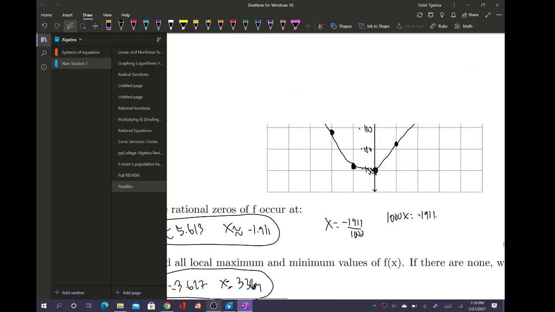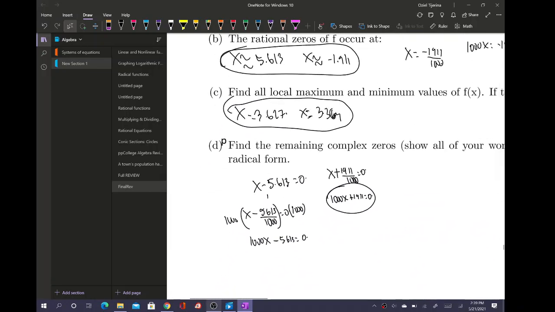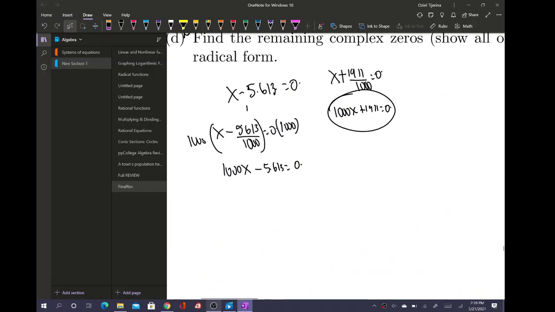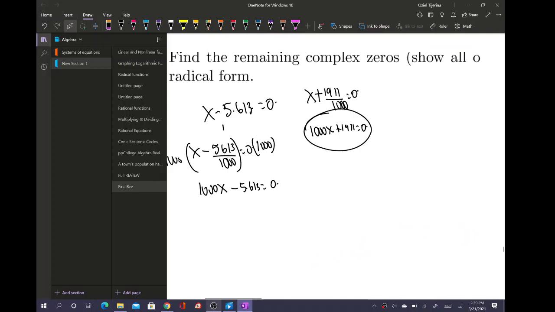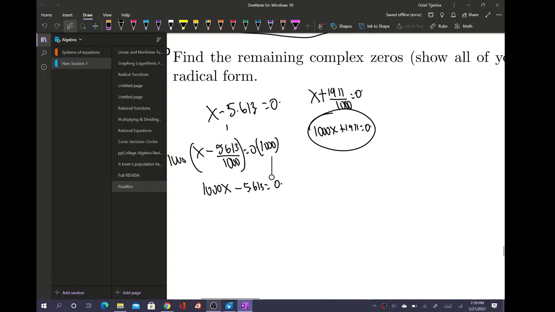That's why here we can't really see it, and there are no repeated roots on this one. So the remaining 2 zeros that we need to find, we actually need to find using some algebra and polynomial long division.